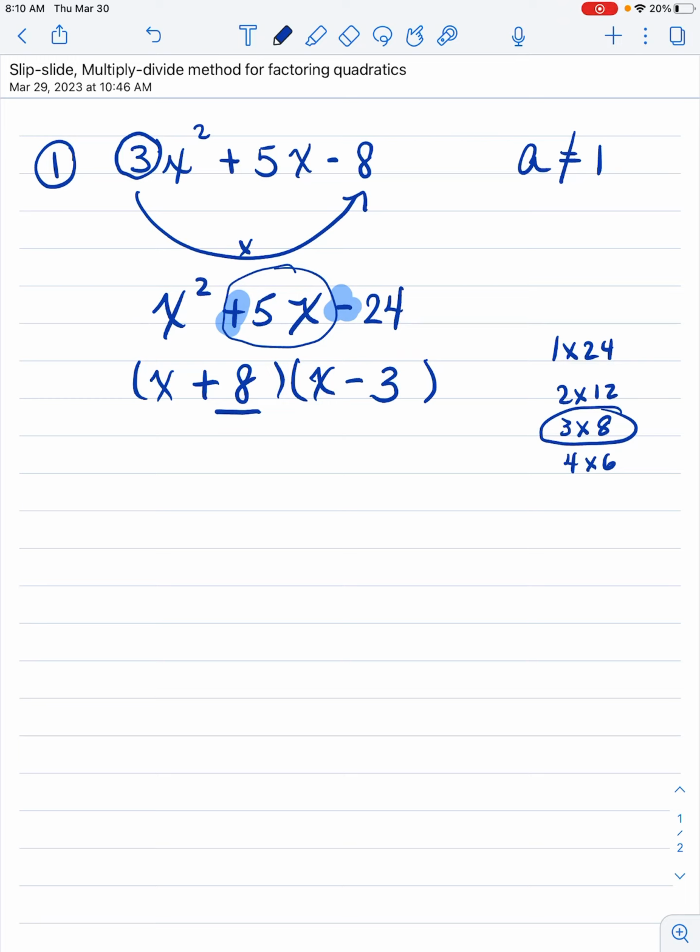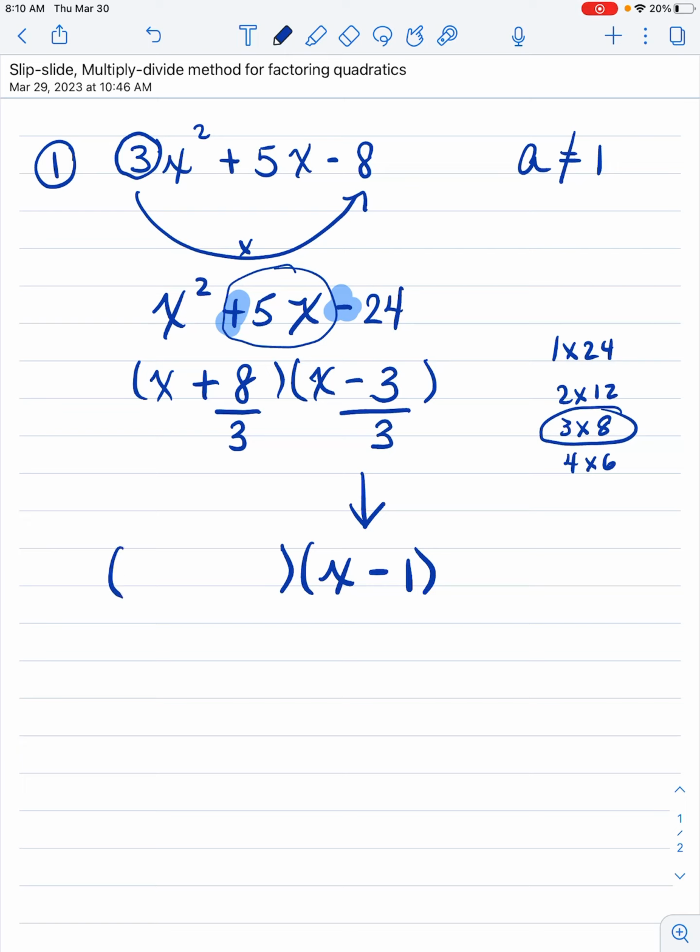Here we have 2 constants because we factored, and we're going to divide each of these by 3. This one is easy because negative 3 over 3 is negative 1. So that's going to be my second factor.